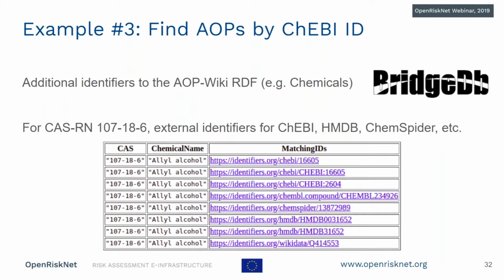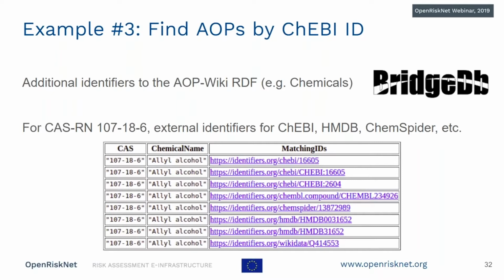Another thing that we added to the RDF is with BridgeDB. By using BridgeDB, we added additional identifiers for chemicals mostly to the AOP-Wiki RDF. For example, for the CAS registry number that we talked about before, allyl alcohol, we now have the identifiers of other databases such as ChEBI, HMDB, ChemSpider, and Wikidata.